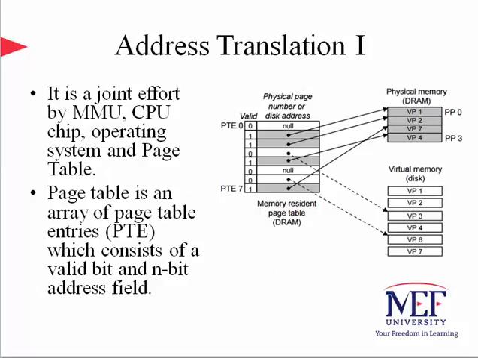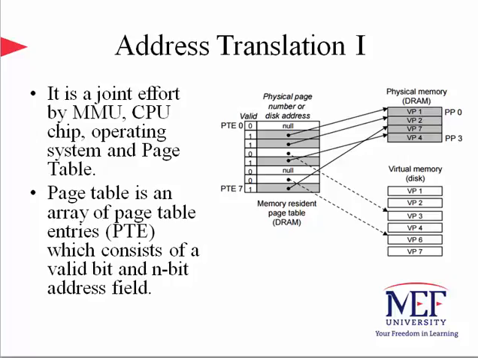As with any cache system, a virtual memory system must have some way to determine if a virtual page is cached somewhere in DRAM. And if so, the system must determine which physical page it is cached in. If there is a miss, the system also must determine where the virtual page is stored on disk and bring it into DRAM. The page table is a data structure that maps virtual pages to physical pages.